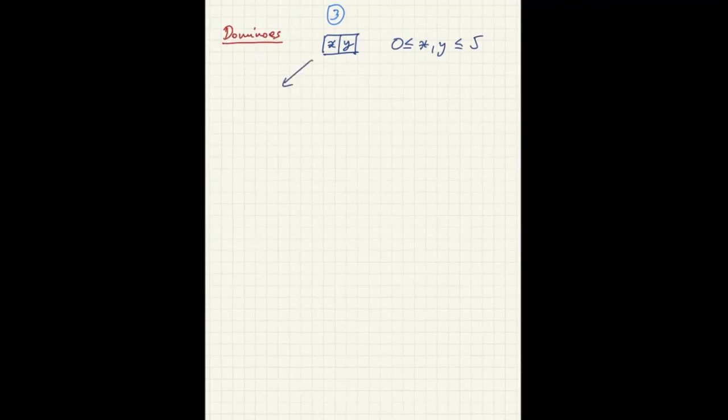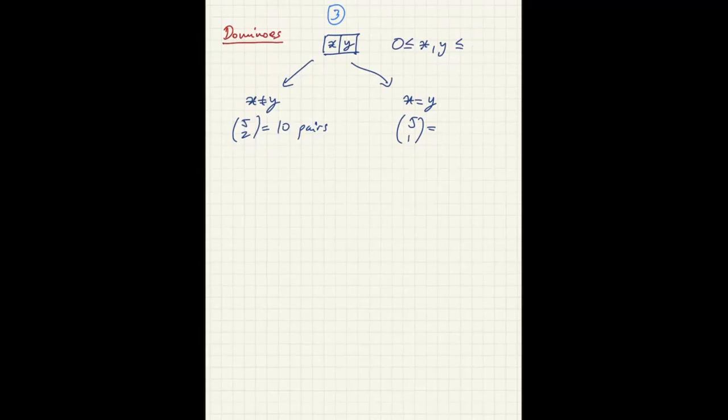And we have how many pairs and how many doubles? Well, if x is different from y, then we have 5 choose 2. So that's 10 pairs. And if x equals y, then we have 5 choose 1. Well, 0, 1, 2, 3, 4, I'm sorry, 6 choose 1. And in this case, we have 6 doubles.